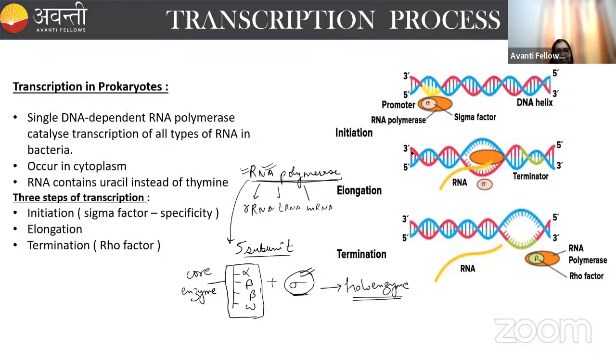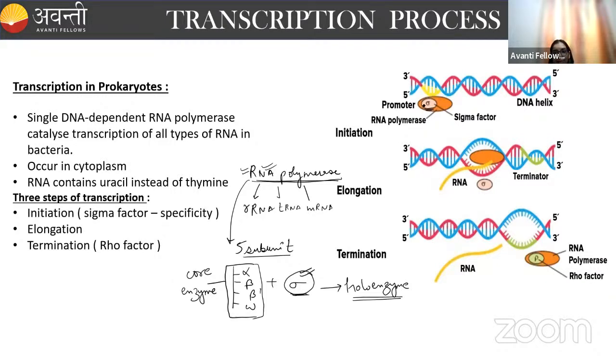Whether it's a bacterium from Jammu, from Kerala, or from Uttar Pradesh, from different states, every bacterium will have the same conserved sequences, right? And who will recognize these conserved sequences present in the promoter? They will be recognized by the sigma factor, and it will allow the RNA polymerase to bind to this promoter.